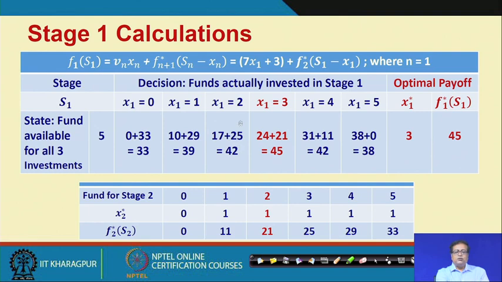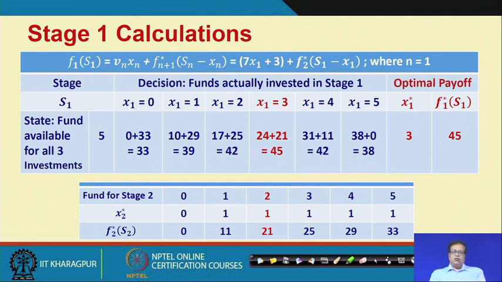Why 25? Because 2 here, remaining 3 at stage 2. Then if you spend 3, the remaining 2 you spend here, that is stage 2, where the optimal was 21. So the net total is 45.